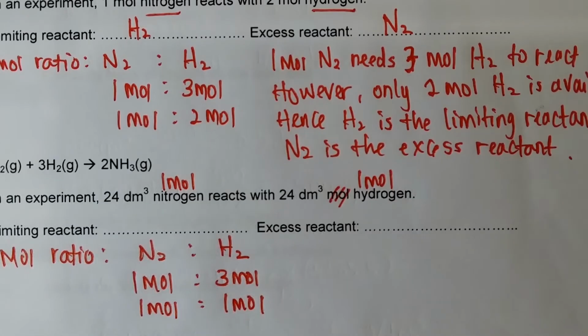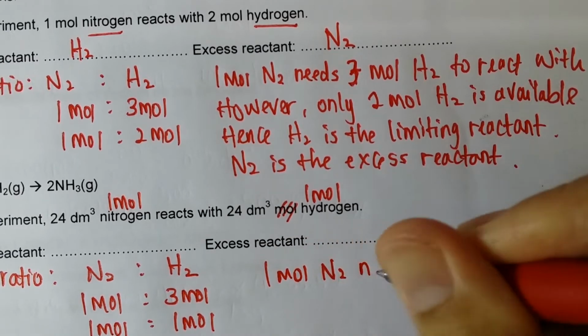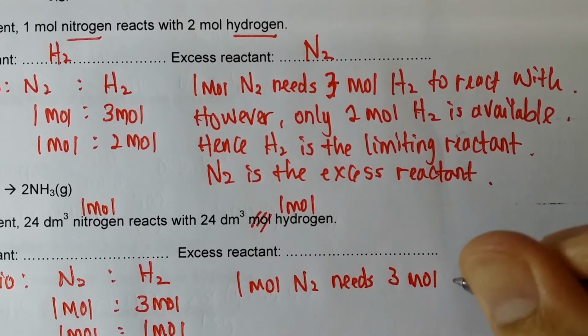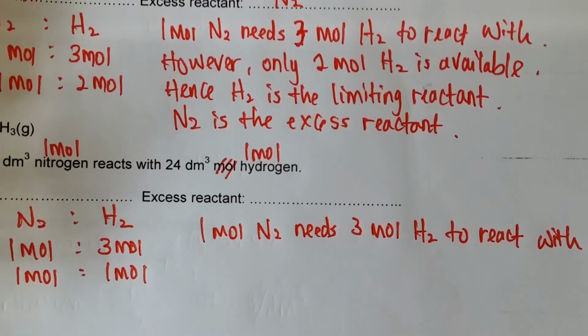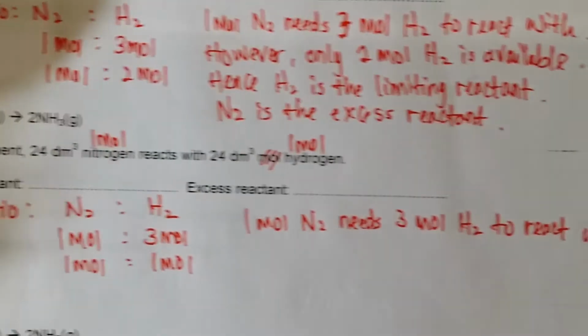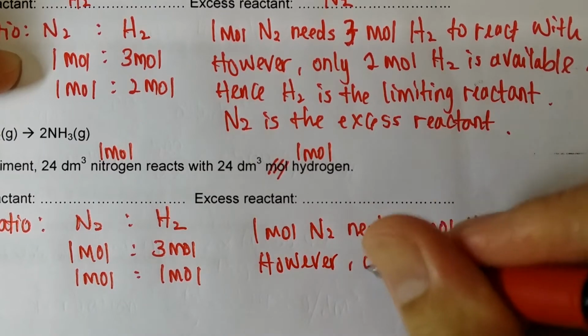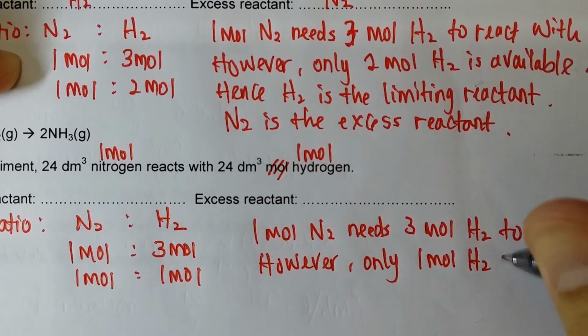And then the explanation would be the same. 1 mole of N2 needs 3 mole of H2 to react with. However, only 1 mole of H2 is available.